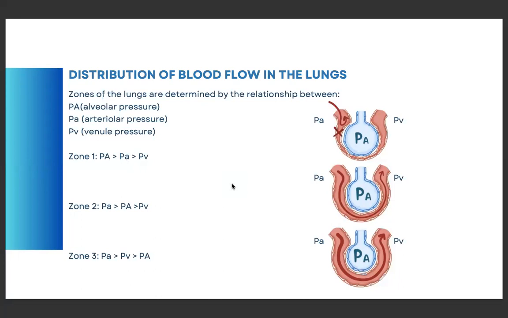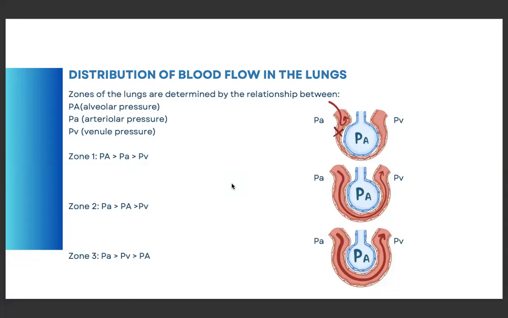In zone 1, at the extreme apex of the lungs, alveolar pressure is higher than arteriolar and venule pressure. So in this zone, blood does not flow because the arterioles get crushed by the really high pressures in the nearby alveoli.